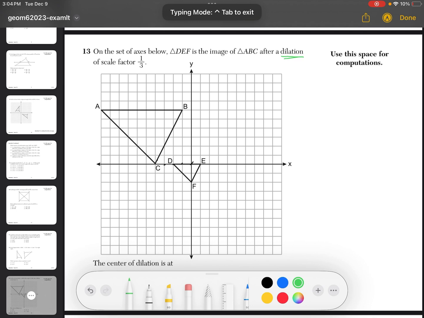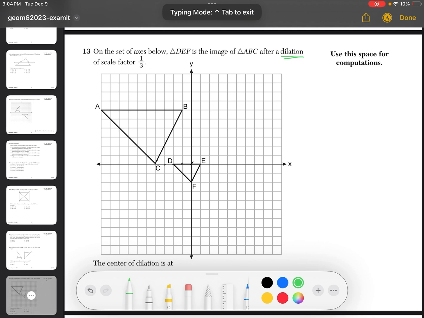It did maintain the shape, but you can't have one part of a definition and not the other and say it's true. All of the definition has to be true for it to hold its rigid motion characteristics. So since this does not do that, that's why it's a counterexample.